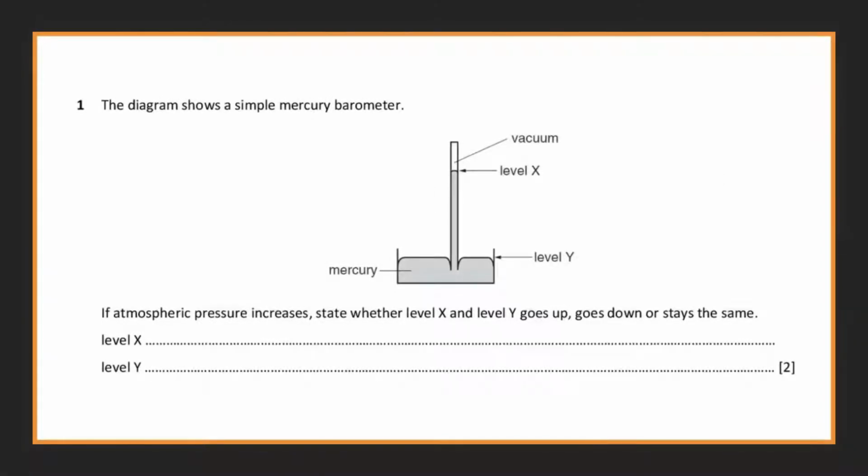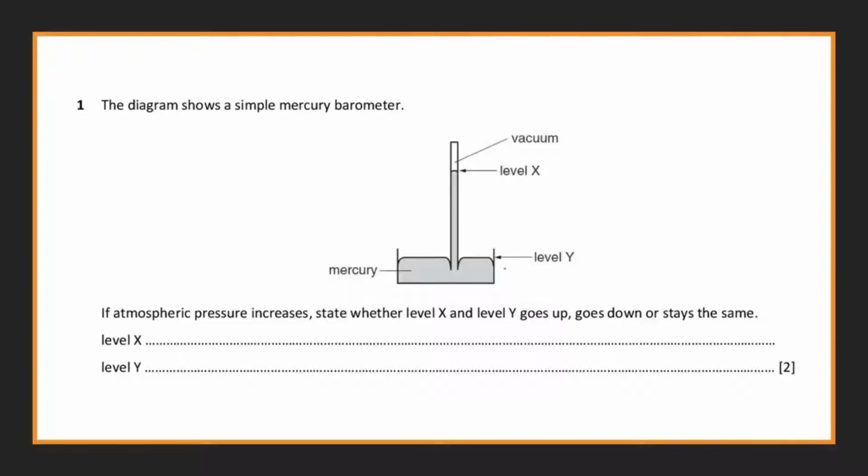The diagram shows a simple mercury barometer. If atmospheric pressure increases, state whether level X and level Y goes up, goes down, or stays the same.